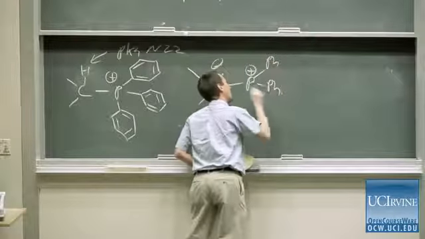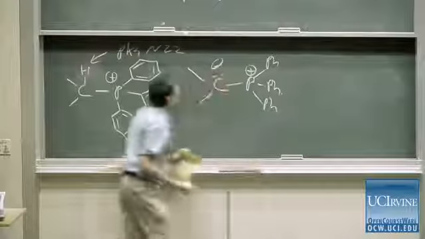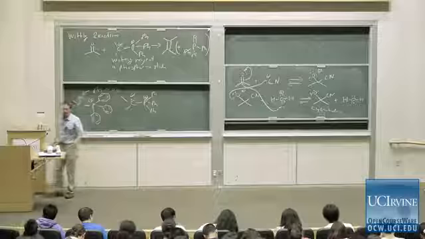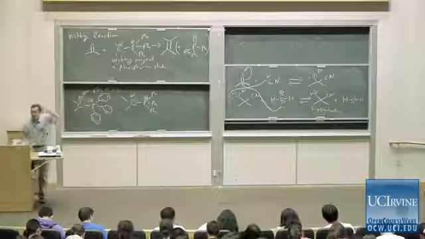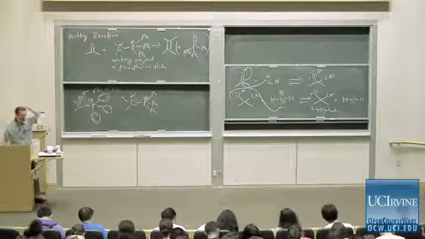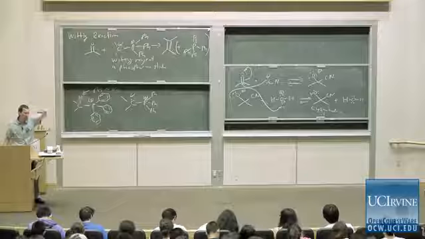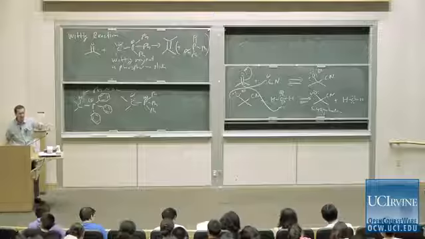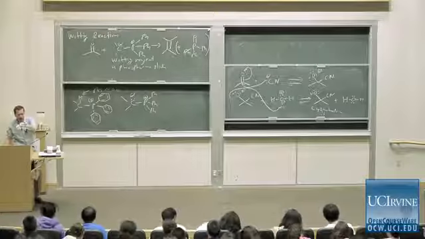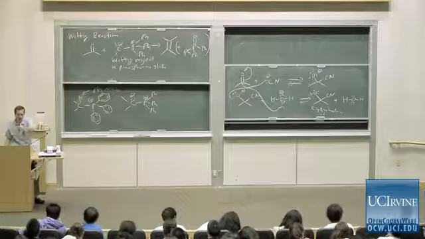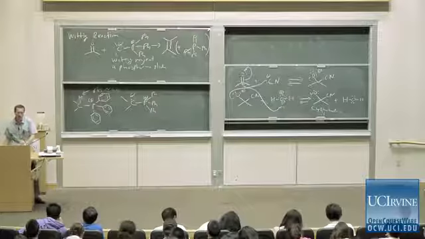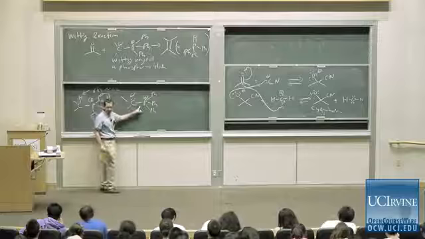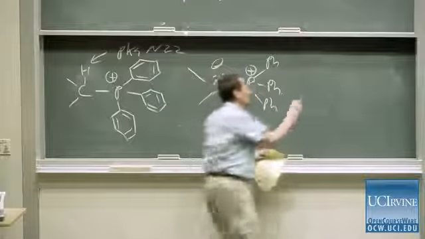Ph, Ph, Ph. The other thing that's specially stabilizing about phosphorus is that it's in that row of the periodic table. It's down from the row of carbon and oxygen and nitrogen and fluorine. It's in the row of the periodic table where you can invoke d electrons, where you have d orbitals. And so we can write a resonance structure that has more than 8 electrons around the phosphorus.